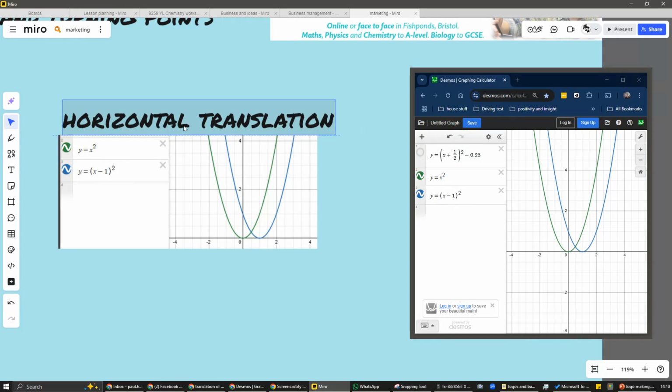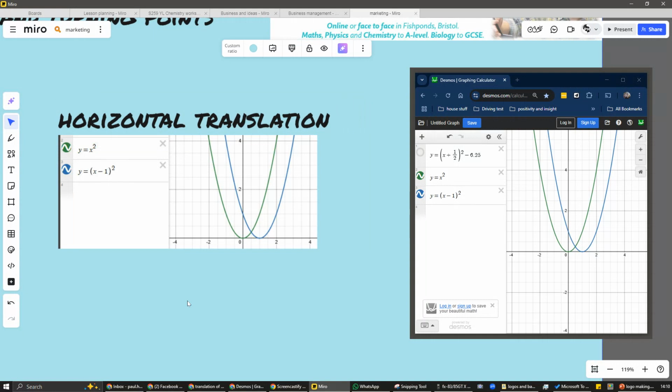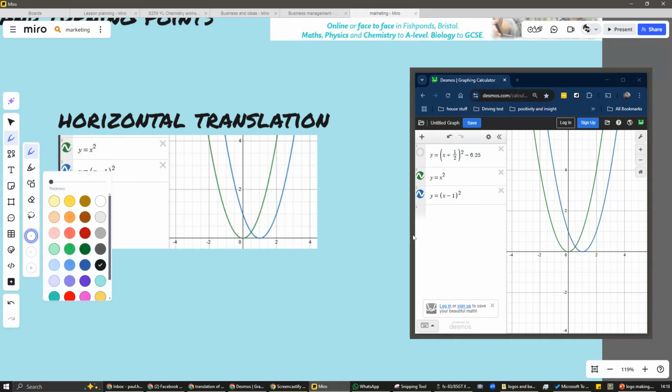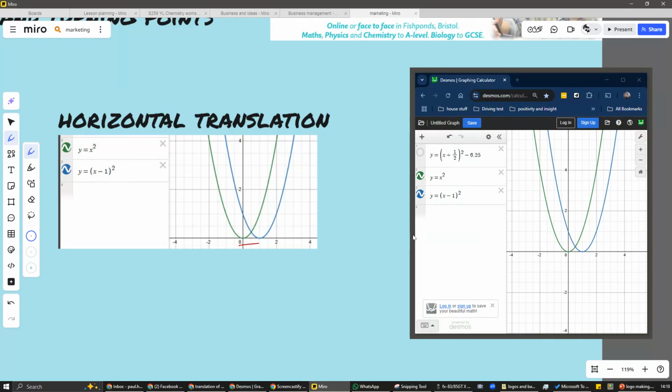You can see that I started off with the green one, and I've gone to the right by +1.